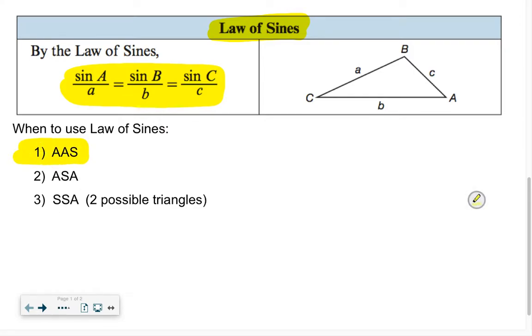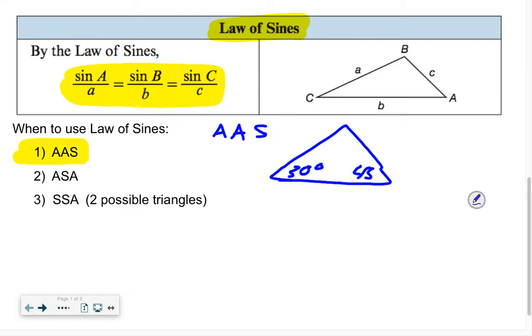First one is angle, angle, side. Angle, angle, side could be 30, 45, and 18. 2 adjacent angles, and then there's a side as well.